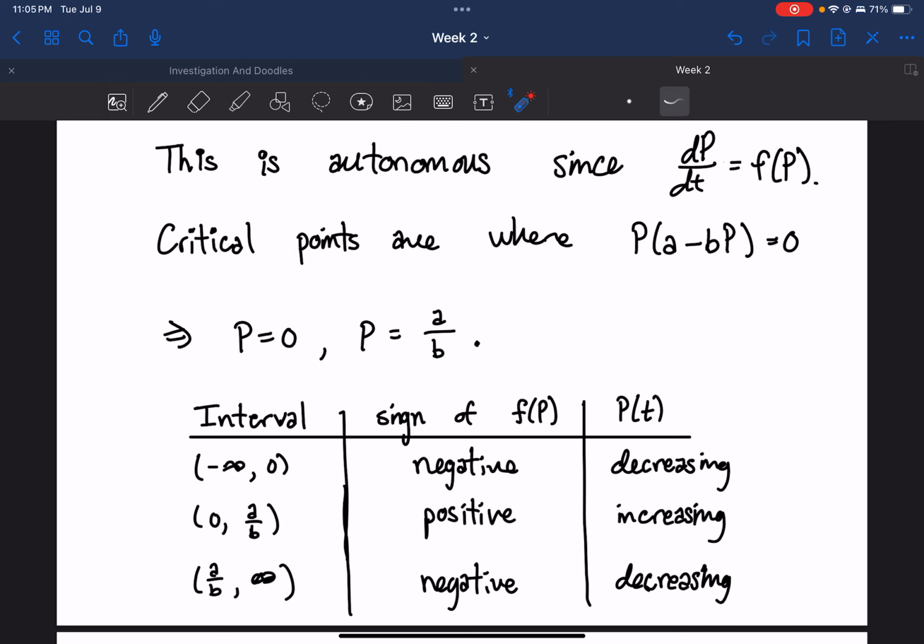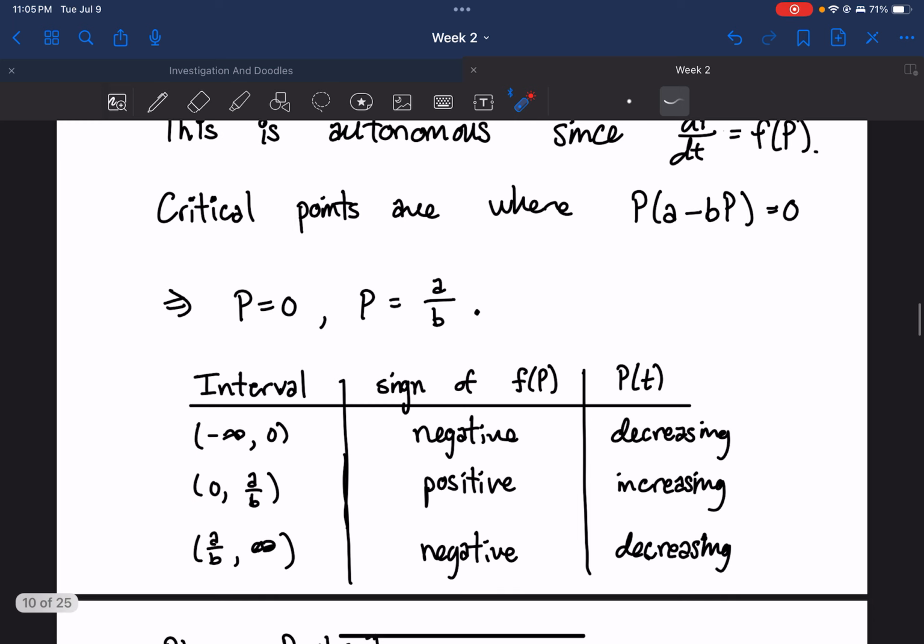So we take the interval negative infinity to infinity, and we break it up by these critical points, right? So there's a critical point at 0 and at a over b. Since a and b are positive numbers, a and b are greater than 0. That means this a over b is also some positive number, bigger than 0.